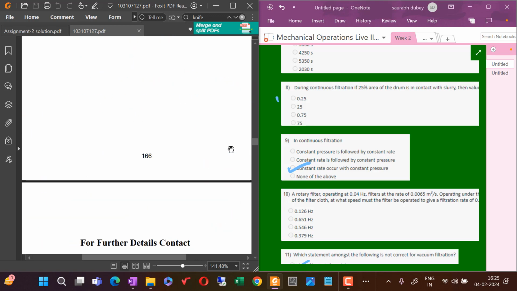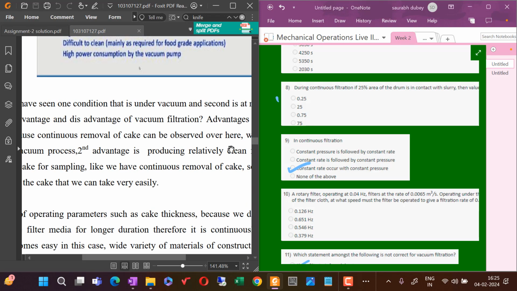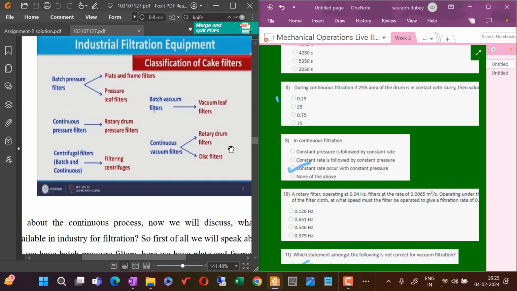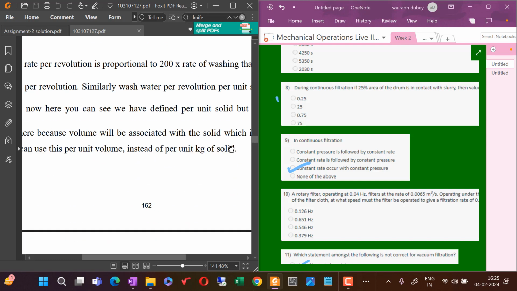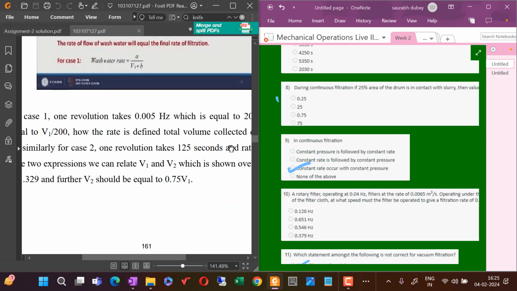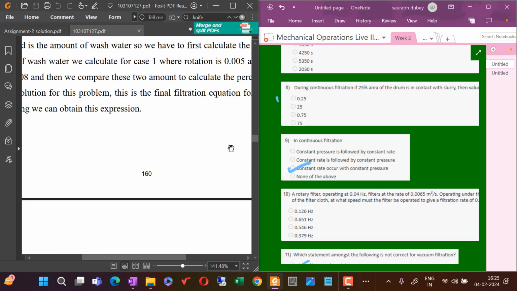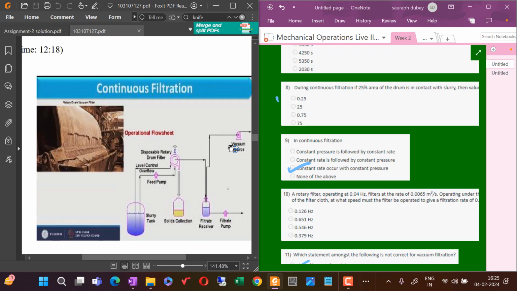But in the batch, there was the constant rate and the constant pressure kind of thing, but in the continuous, there is nothing like that. It has to be operated at constant rate. So both things occur simultaneously, and this is explained here.